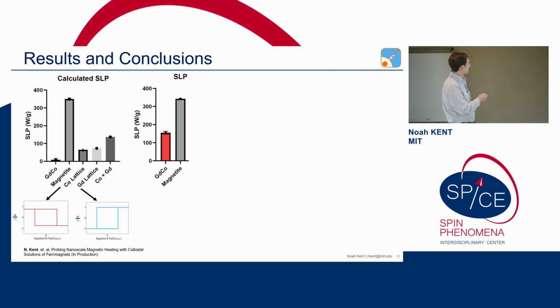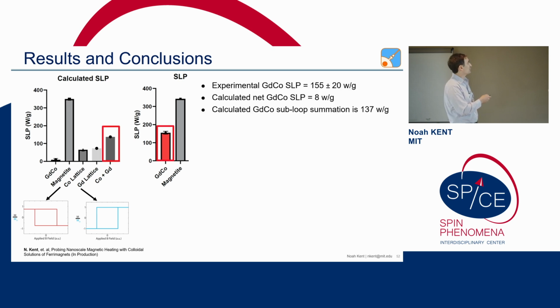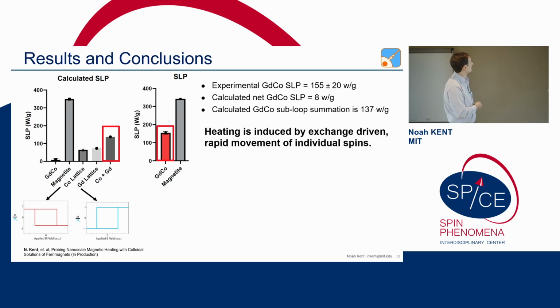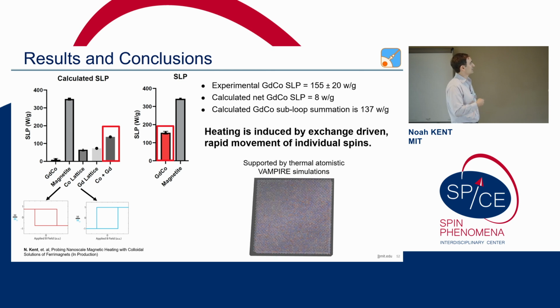Then I can calculate the area of the cobalt lattice and the gadolinium lattice separately and add them together, and we have really good agreement between my calculated heating and the experimentally measured heating. So heating is induced by exchange-driven rapid movement of individual spins.